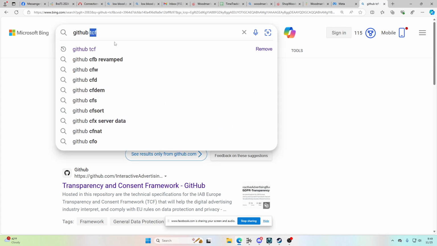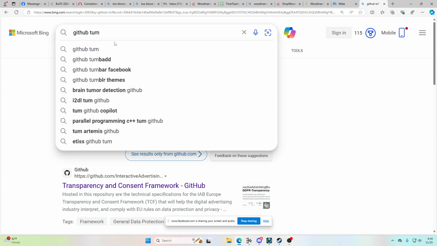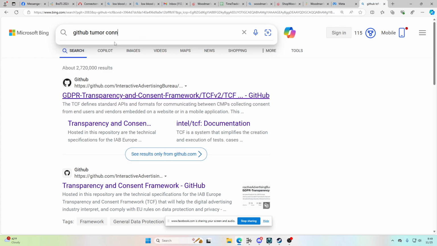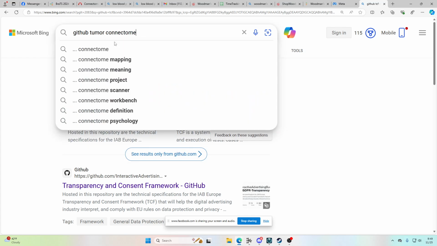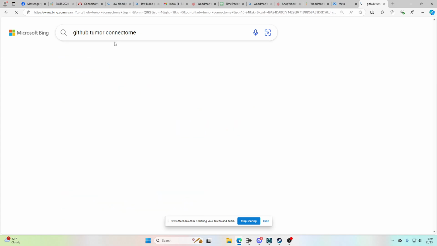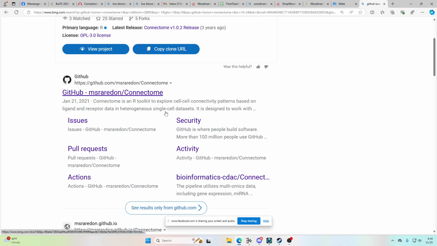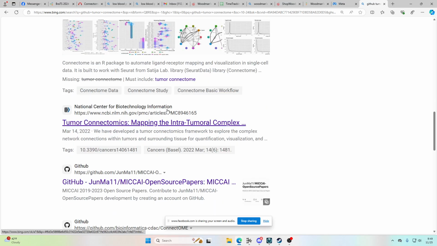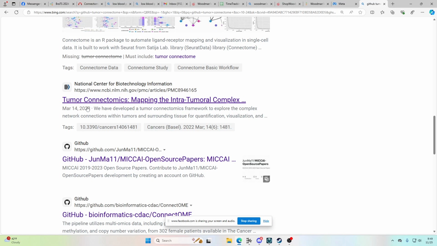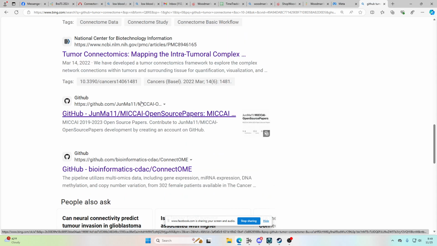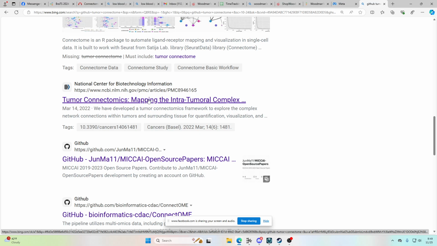Let's try Tumor Connectome. Yeah, we got lots of regular connectomes. No, but this is the paper that I've been inspired to do this from.